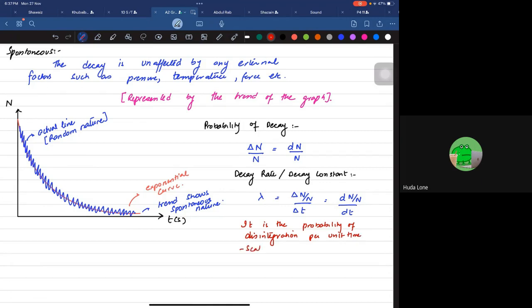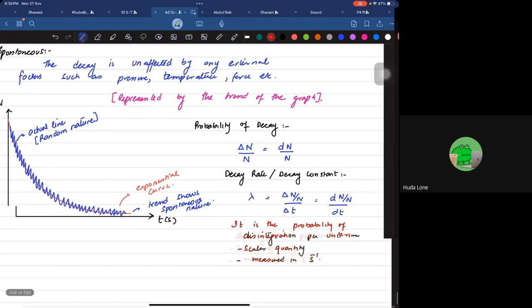It's a scalar quantity and it is measured in second minus 1. So these are the SI units. You can write this down, please, and then I'm going to go forward.